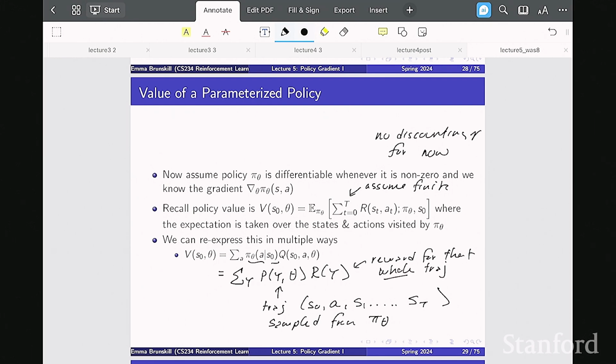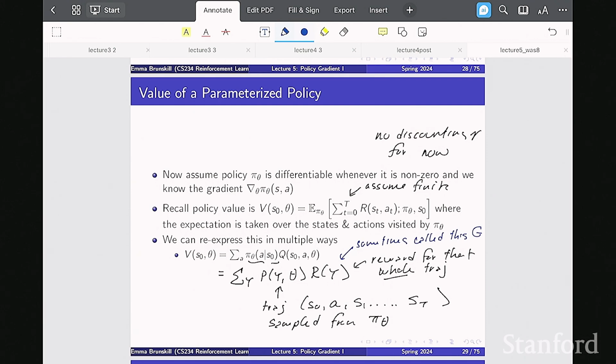And we've called it RG before, so sometimes I'll just write that down, in case, sometimes SG. So another way we can think of the value is we say, well, let's just sum over all possible trajectories we could reach under this policy, and what would be the reward for each of those trajectories. And I'm just going to take a weighted sum.